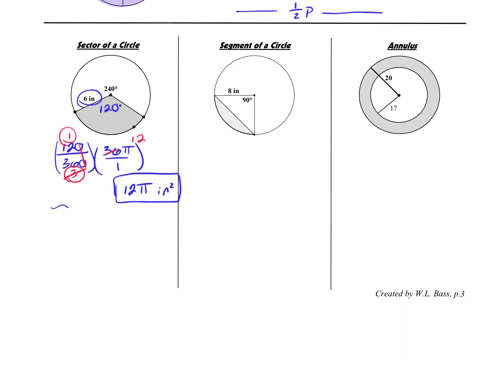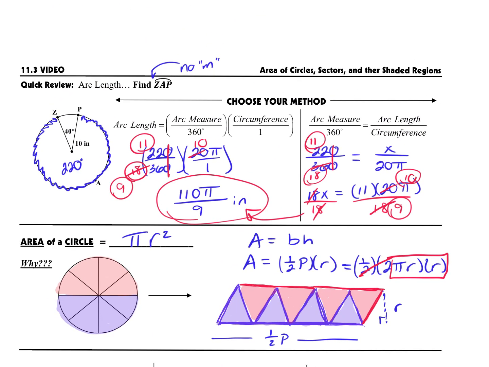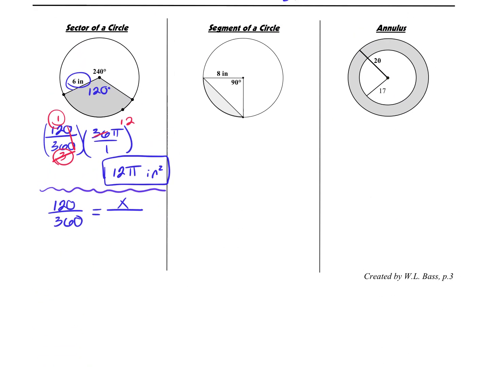Now, some of you liked from up above, you liked that proportion method better, and you would then set it up very similarly. You would still say your portion, your 120 out of 360. You would still say that you don't know the area of this region. Now for your whole, instead of using circumference that we did up here, we just replace that with area.